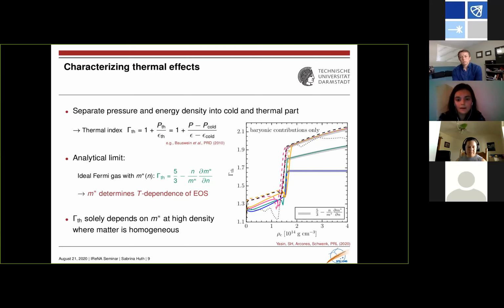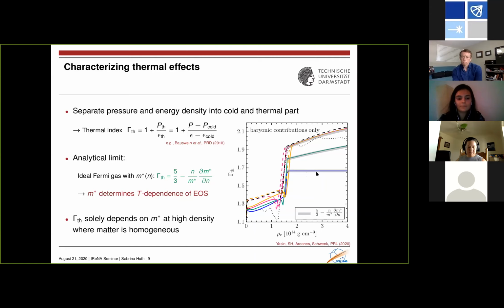And this actually agrees perfectly with an analytic limit for the ideal Fermi gas for density dependent effective mass, which is just this simple expression here for the thermal index, which only depends on the effective mass and its density derivative. And we also plotted this here in these gray bands, and you really see this perfect agreement.